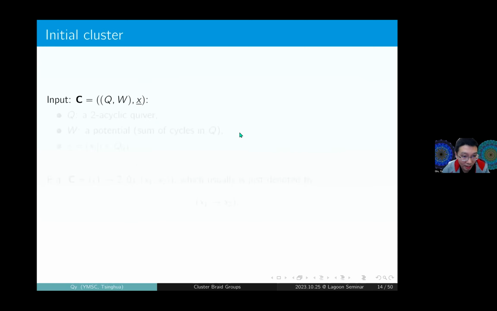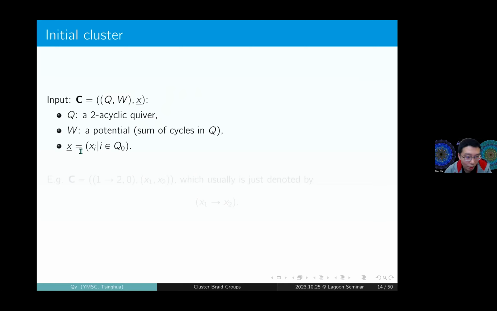But more precisely, in general, you can start with a quiver with potential, and this quiver usually, you can start with a cyclic quiver, and the potential is just the sum of cycles. Derksen-Weyman-Zelevinsky also extended the FZ mutation formula to the case with potential, but I don't want to talk about the details.